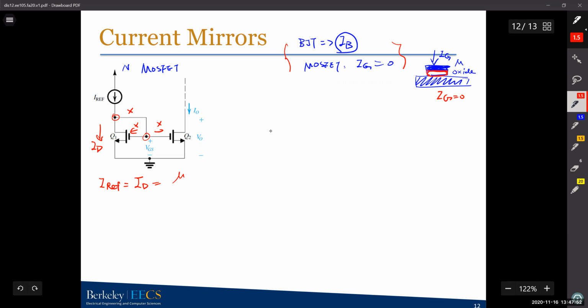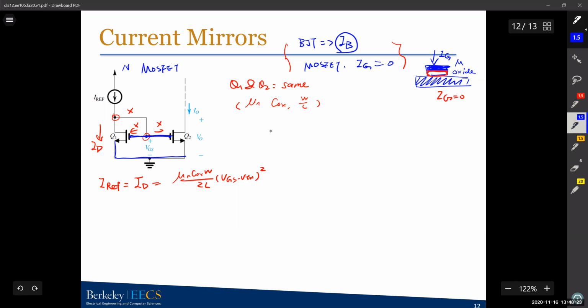ID is usually mu n Cox W over 2L times VGS minus VTN squared. If I say Q1 and Q2 are the same, that means they have the same mu n, same Cox, same W over L, all the same. For the mirror part, Q1 and Q2 have their gates connected to each other, and their sources connected to ground.